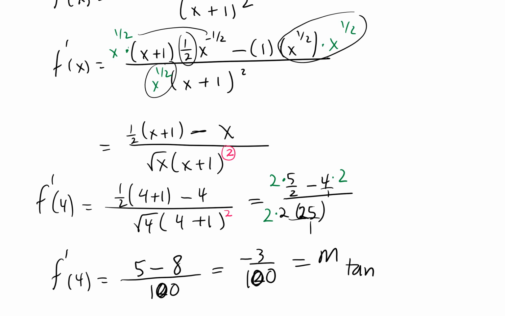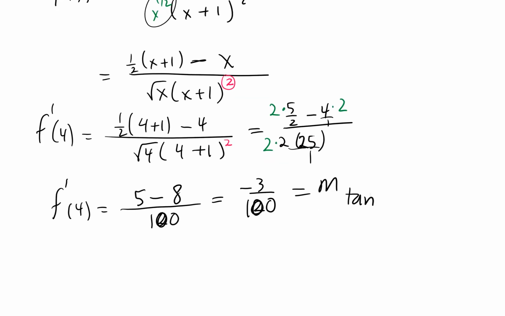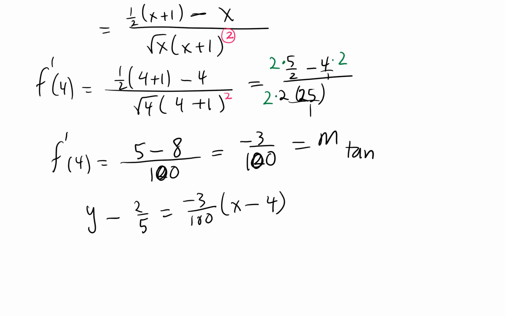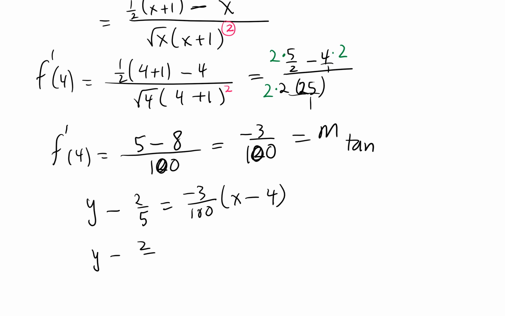It's 100. So now, if I want to finish the problem, y minus y1, y1 was 2 over 5. We found the slope, we just found it, negative 3 over 100, times x minus 4. You may multiply negative 3 over 100 in, plus 3 over 25.